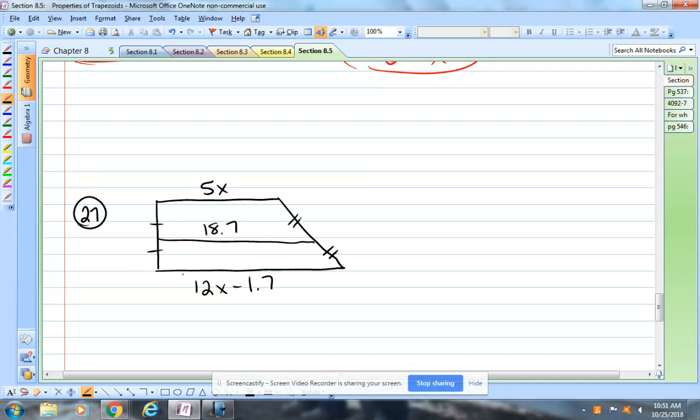Okay, so we're going to use the same formula. Mid-segment equals 1/2 of base plus base. So make sure you plug everything in the right spot. What goes in for the mid-segment? 18.7 equals 1/2 times, what are my lengths of my bases?